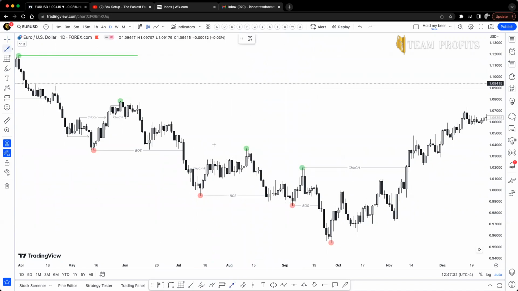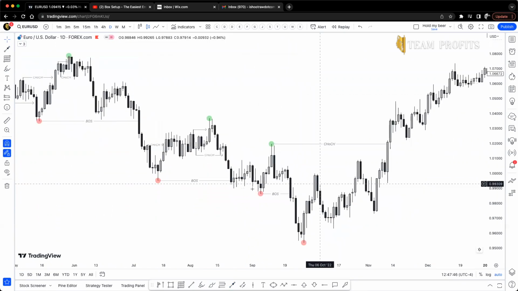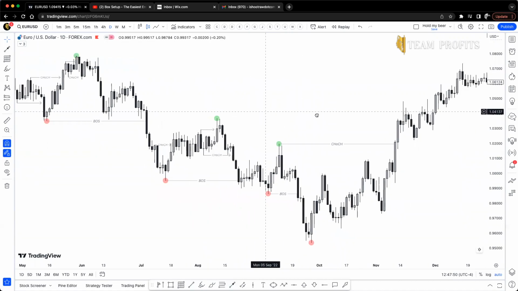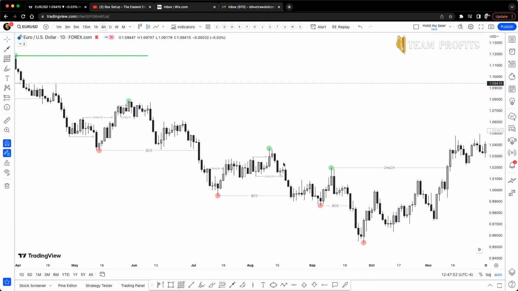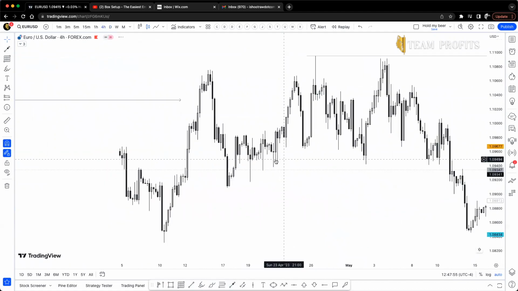At this high we had our last BOS, and our change of character internally was somewhere there. Then we had another CHoCH continuation. Price continues going to the downside. It went on a little buy, then we have another break, and so on. You see that internally we're seeing these breaks.